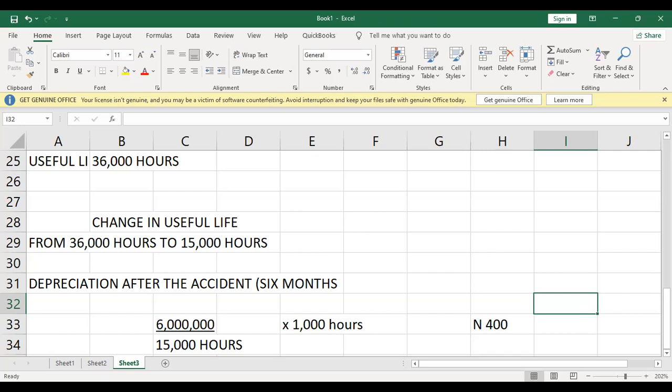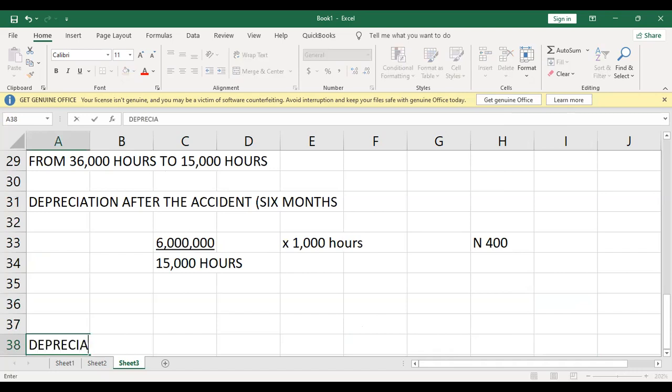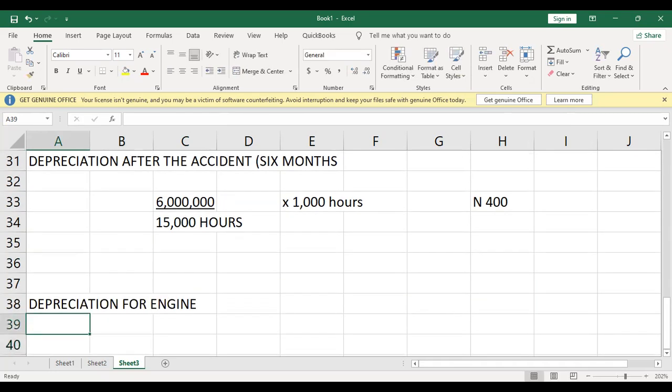Okay, so let's bring all our depreciation charge together. Depreciation for engine altogether, that's for this year.